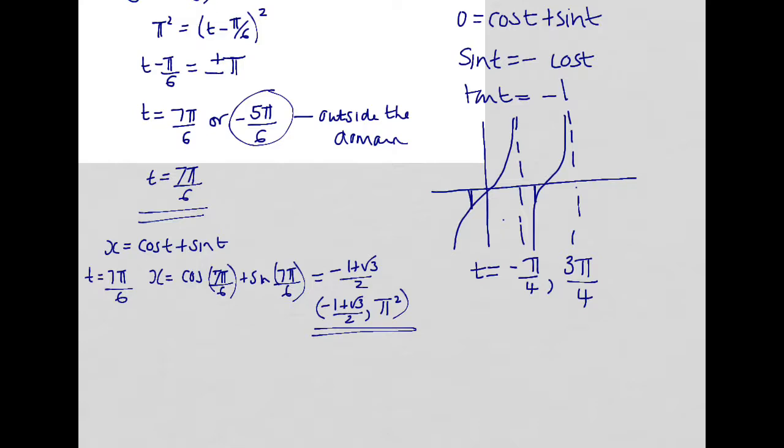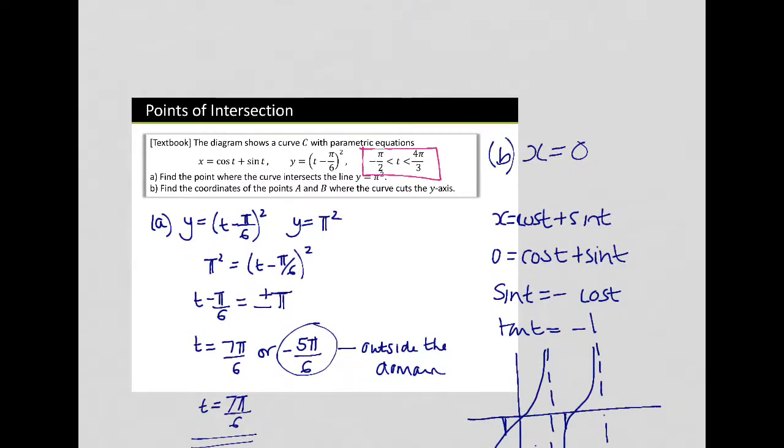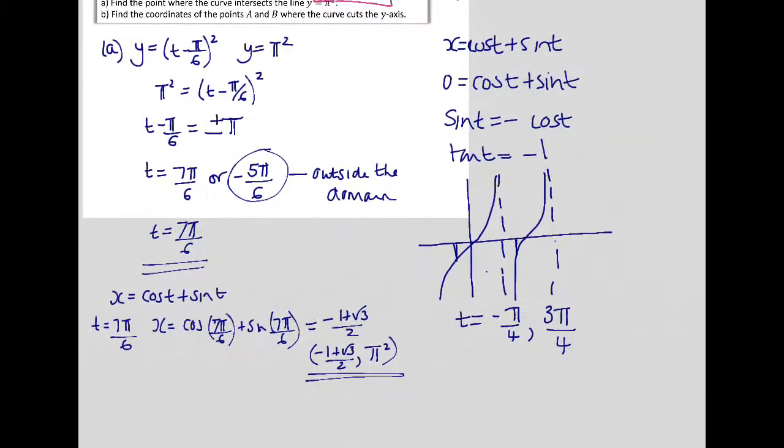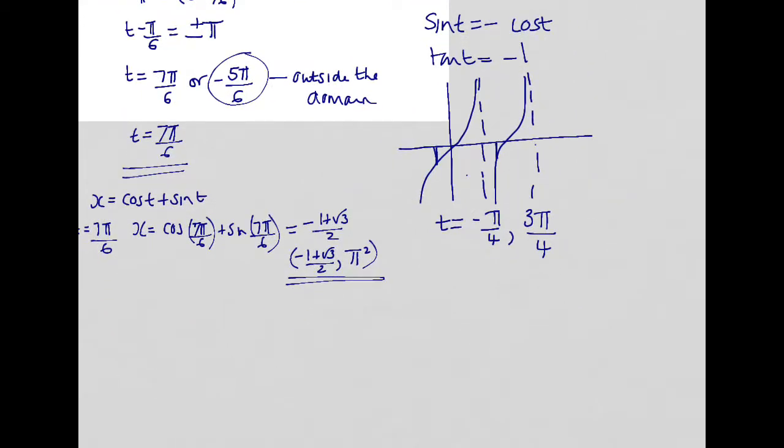So we now, because remember the question's asking the coordinates of point A and point B. So here we go. When t equals negative pi over 4, we want to find out what y is. Now remember, from the question, y equals t minus pi over 6, all squared.